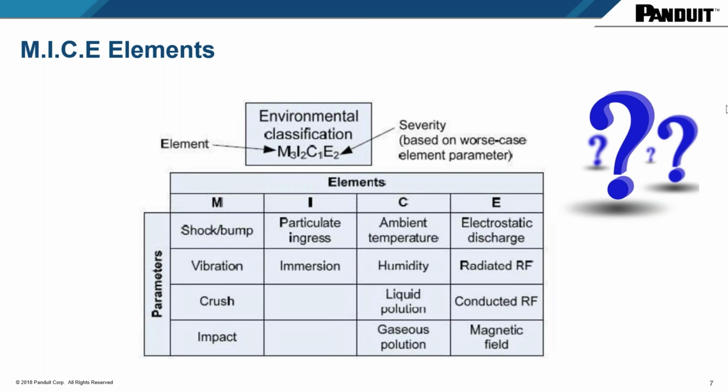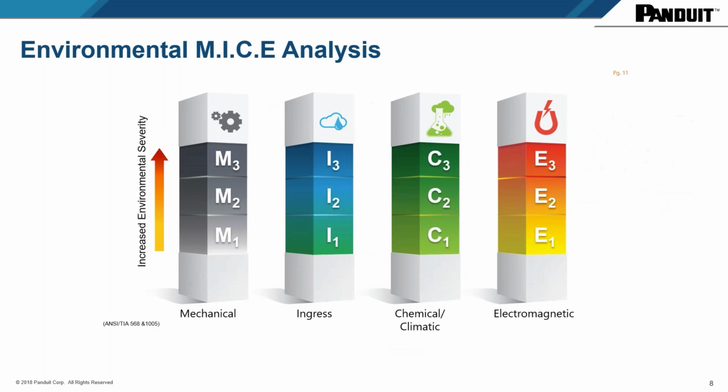As the level increases, it moves from 1, 2, and 3. So here's another quick way to look at it. As environments change from no presence to extreme presence, it changes. And that's how we recognize in that specification, the 1005, how certain cable or connector is able to withstand that environment.